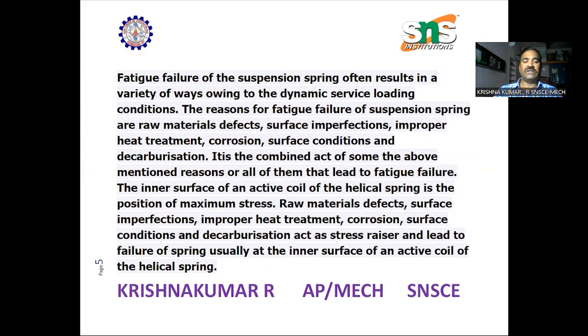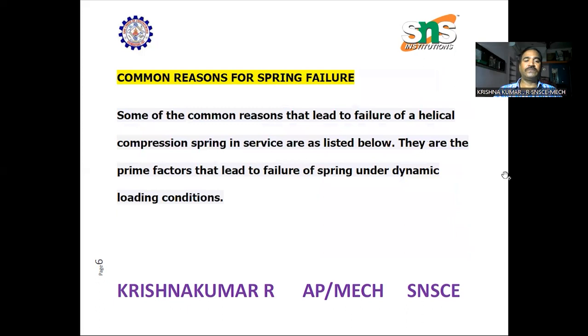The inner surface of an active coil of the helical spring is the position of maximum stress. Raw material defects, surface imperfection, improper heat treatment, corrosion, surface condition, and decarburization act as stress risers and lead to failure of the spring, usually at the inner surface of an active coil of the helical spring.